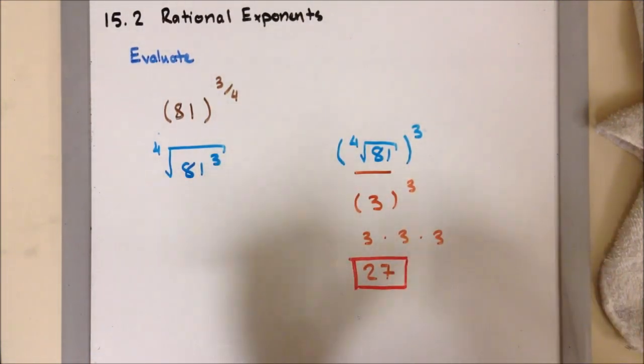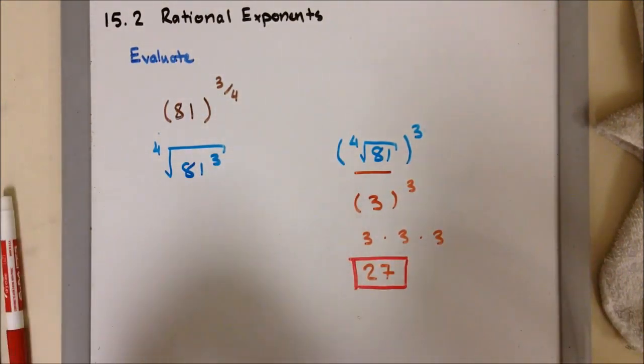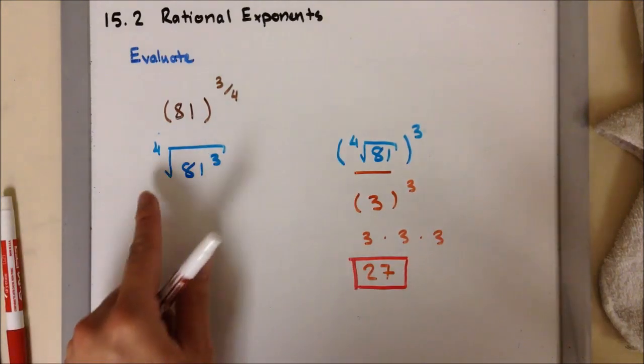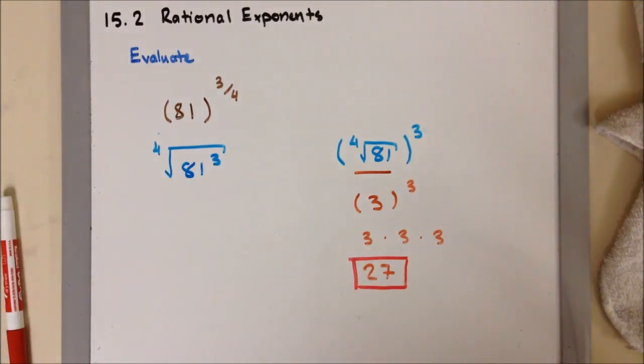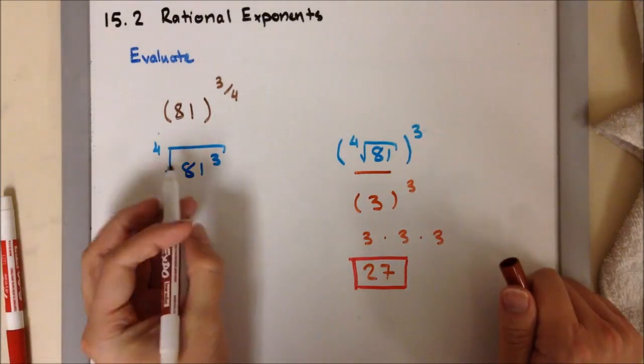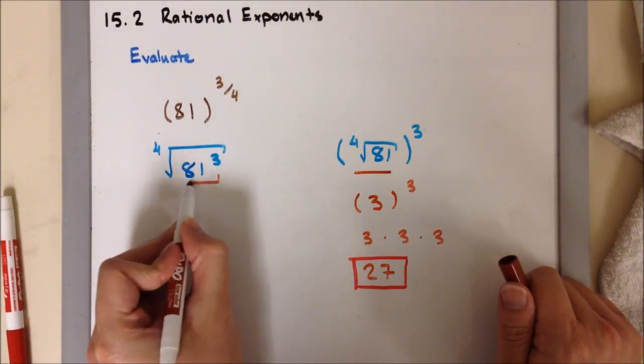Next, we're going to work on the second form, and I'm going to talk about the problems when working with the first form when involving big numbers. So let's take a look. So we have the fourth root of 81 to the third power. So that means that we need to work with the inside first, inside the radical.